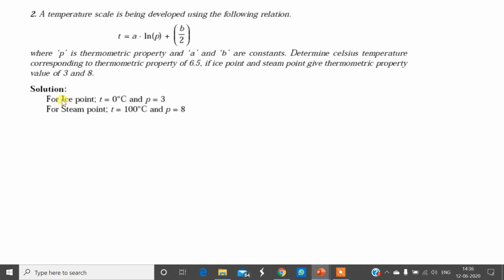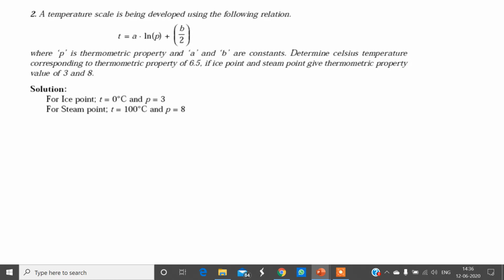We know that the ice point temperature is 0 degrees Celsius and the steam point temperature is 100 degrees Celsius. It means at 0 degrees Celsius the value of P is 3 and at 100 degrees Celsius the value of P is 8. We should know these values.